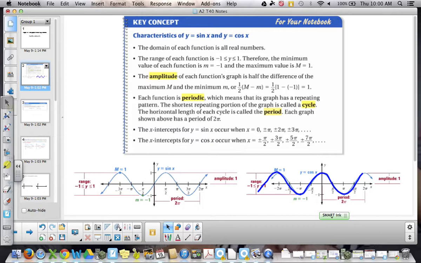Okay, and that's one thing that we want to notice about sine and cosine is that they're essentially the same exact graph. They're just shifted over by 90 degrees, or pi over 2 units.